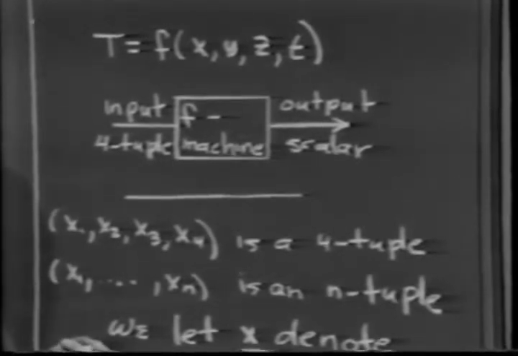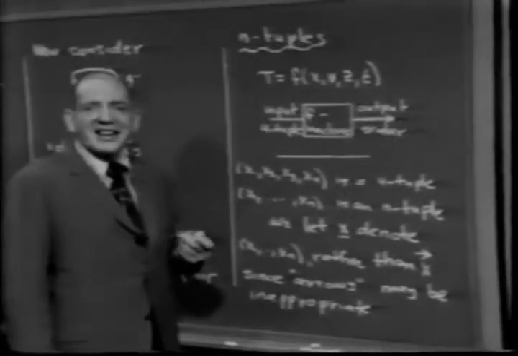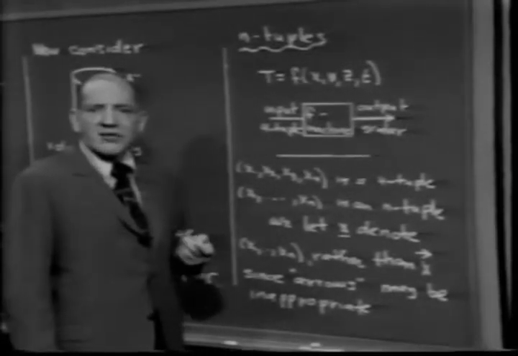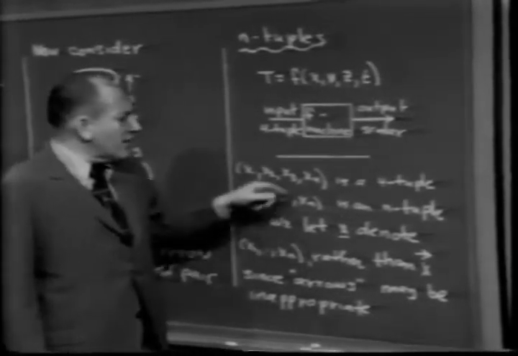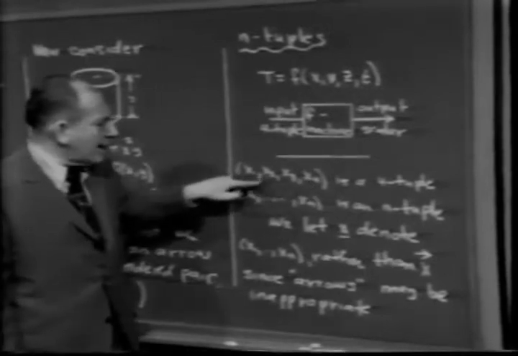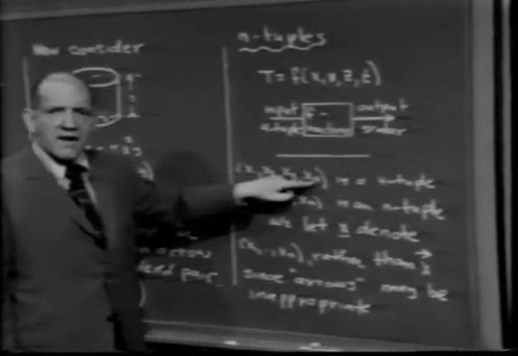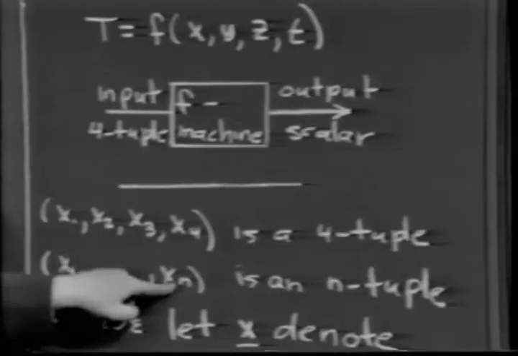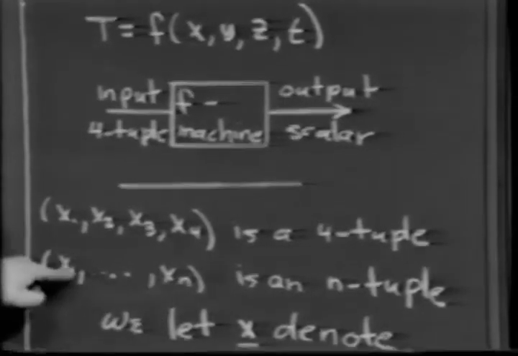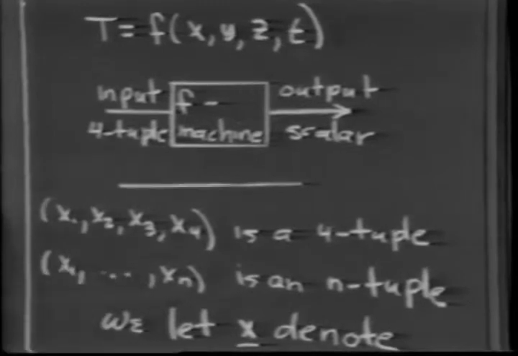It is conventional in 1, 2, or 3-dimensional space to use x, y, and z instead of x1, x2, and x3, but that's just a convention. I think that it's because we learned it that way that we do it. In general, I think this subscript notation is much nicer, but in general, the idea is what? Given an ordered array of n numbers, x1 up to xn, we call that an n-tuple.